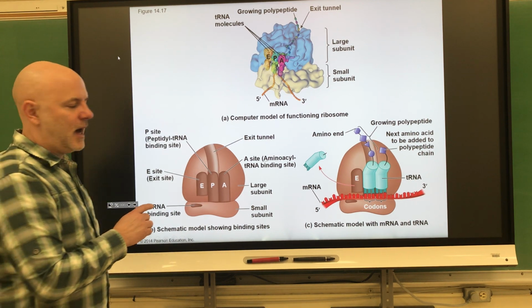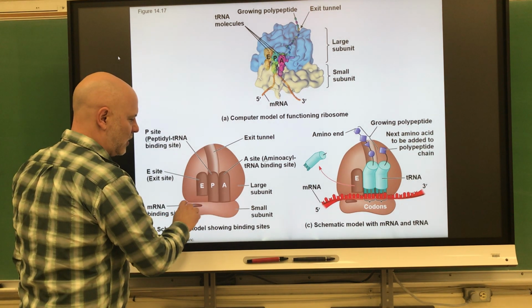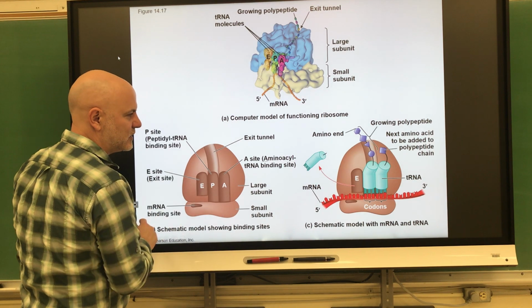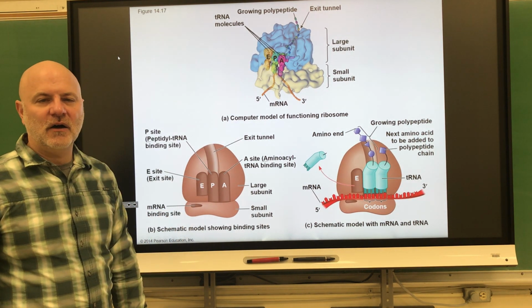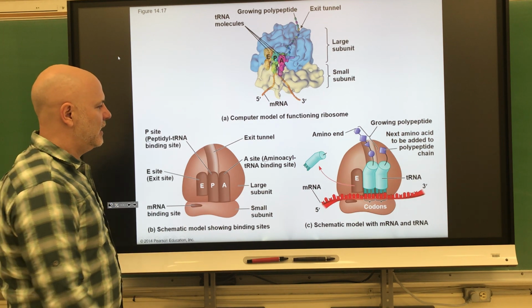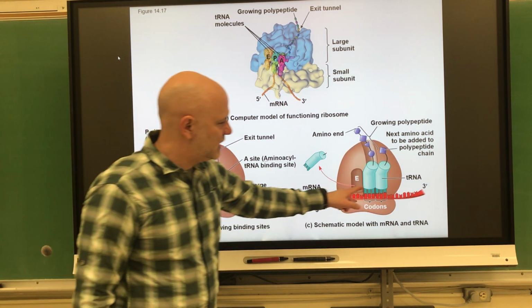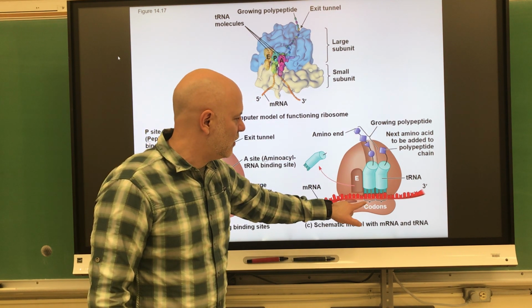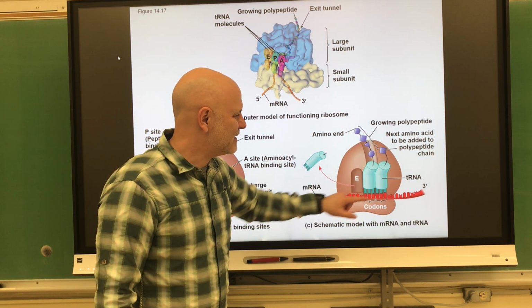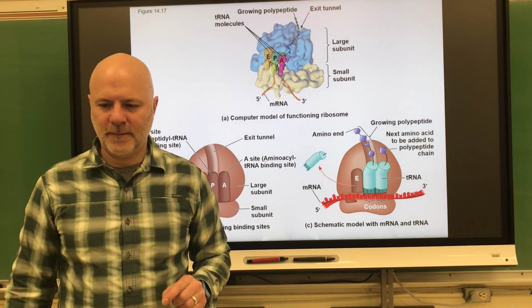It has a binding site for messenger RNA, which is literally between the 2 subunits. And it has 2 binding sites for transfer RNA. Those binding sites, which we see over here, are going to facilitate complementary base pairing between codons on the messenger RNA and anticodons that are found on the transfer RNA.